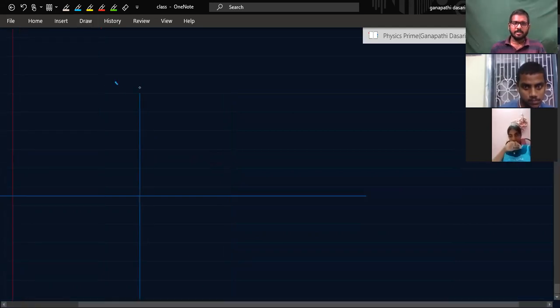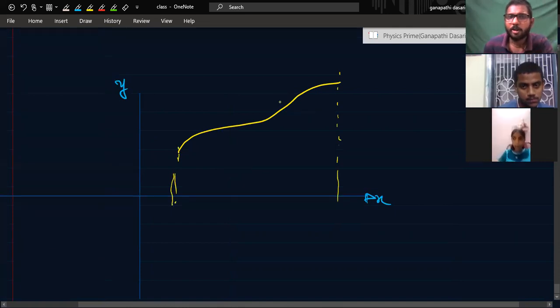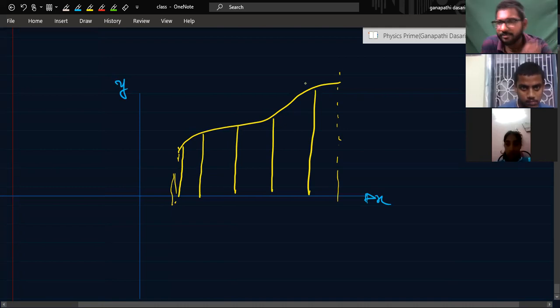So if this is the y axis and this is x, and there is some random function of this sort, and I don't know the area under this curve, how do we find it? If I take small rectangles and add them, will I get this area?